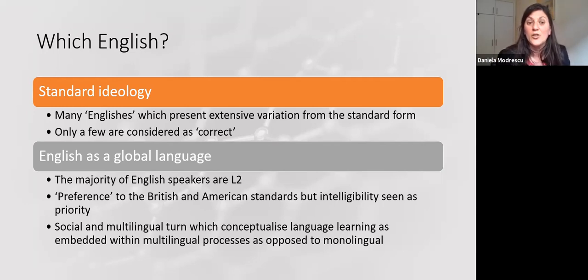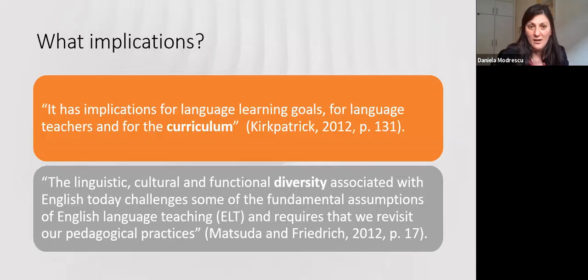And again, the social and multilingual turn, we probably all know, has increasingly demonstrated through research that language acquisition is embedded within multilingual processes as opposed to monolingual. So again, ignoring these aspects when designing a curriculum may not correspond to what a learner-centered curriculum means.